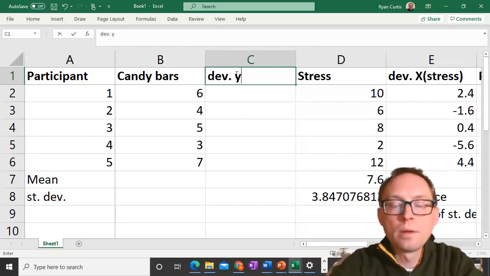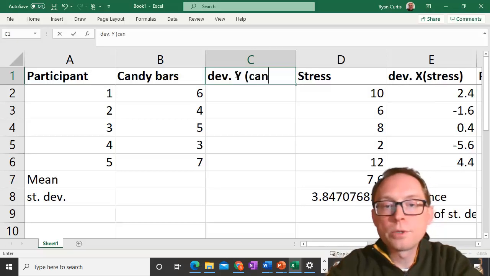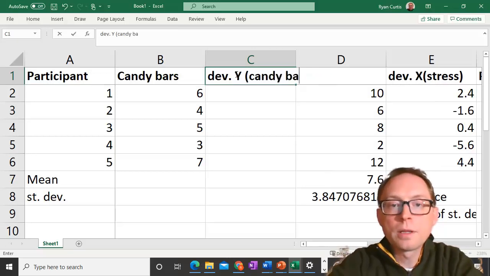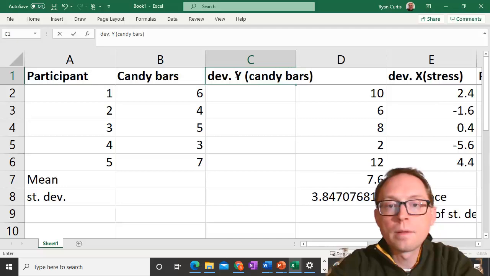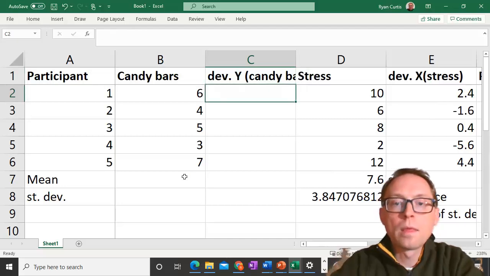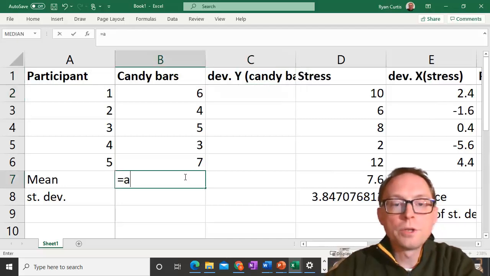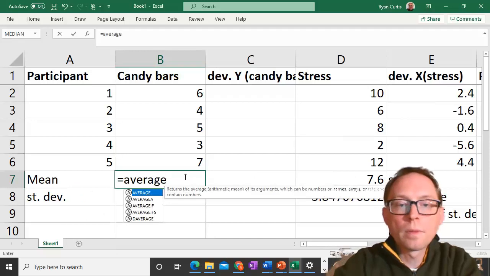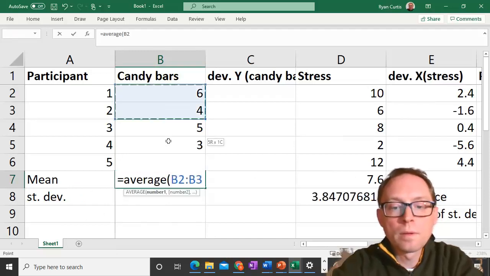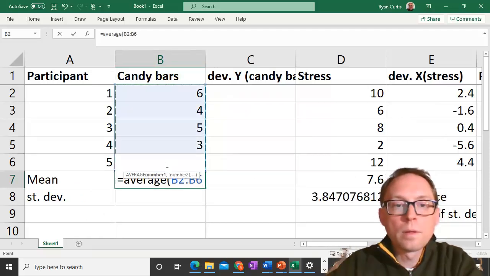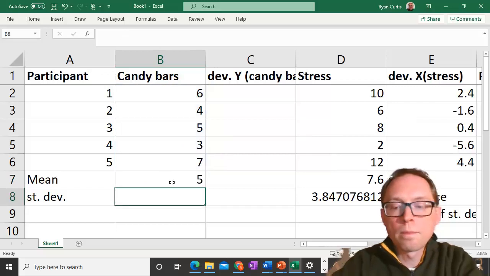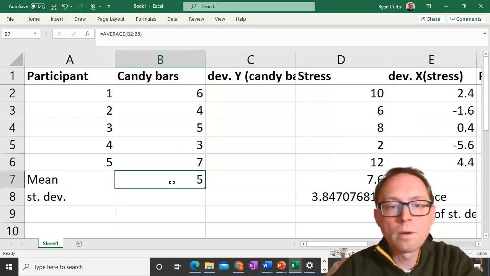In this case, y is going to be candy bars. First thing we do is get the mean. The mean number of candy bars is 5.